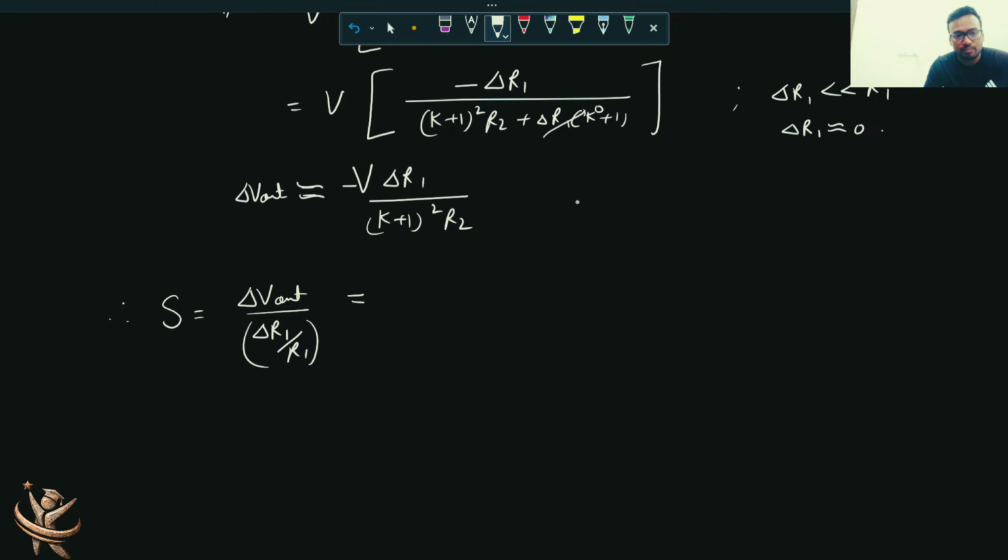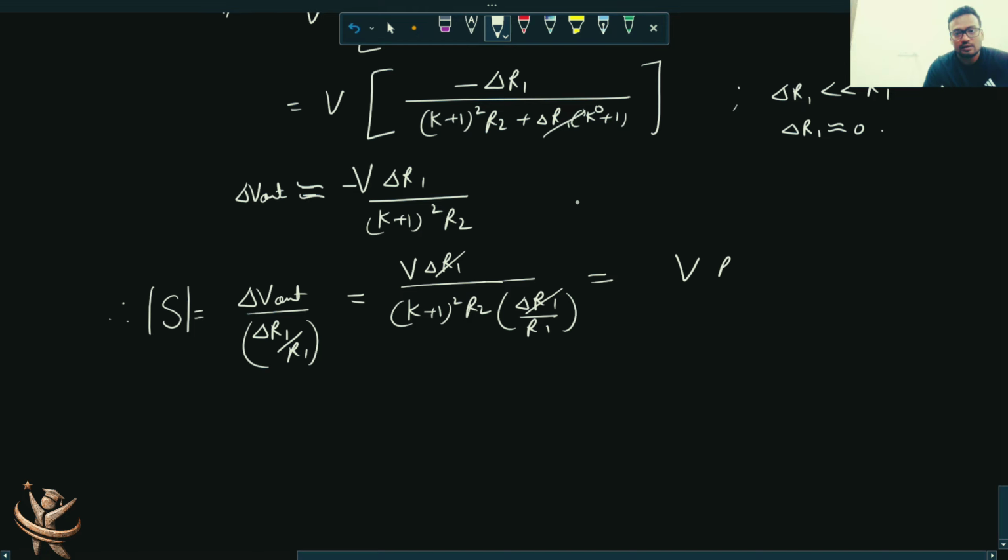So if I just take the positive value, it will become V delta R1 by K plus 1 R2, and then you are dividing it by delta R1 by R1. So delta R1 you can cancel out. So finally you got V, then R1 by K plus 1 whole square into R1.